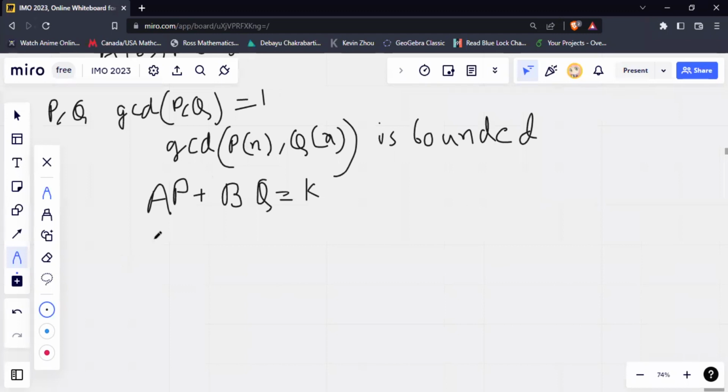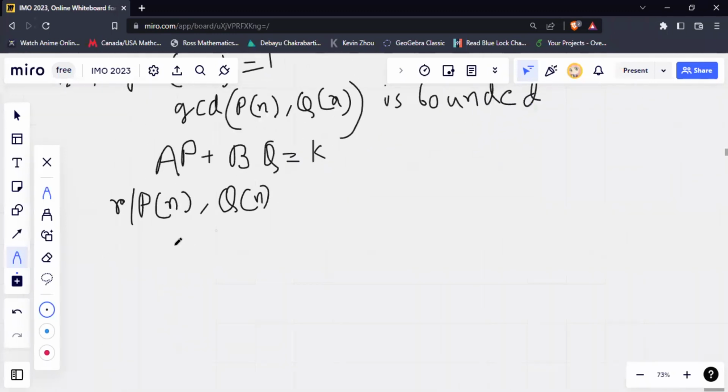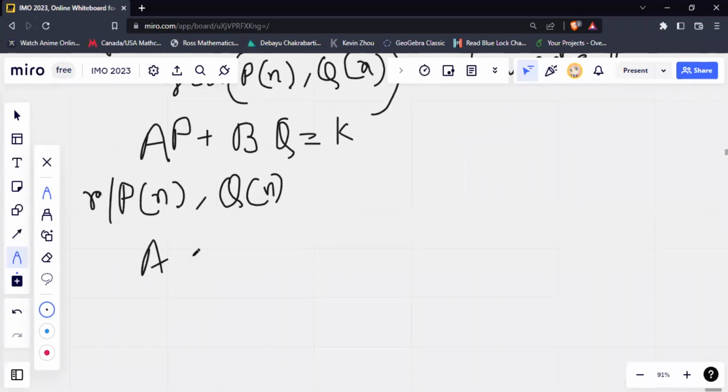I will still summarize it just in case. If you have some R that divides P of n and Q of n for some n, then this is true.